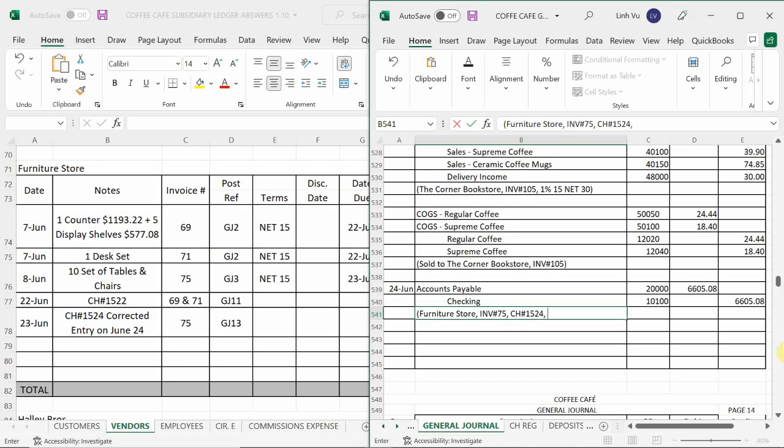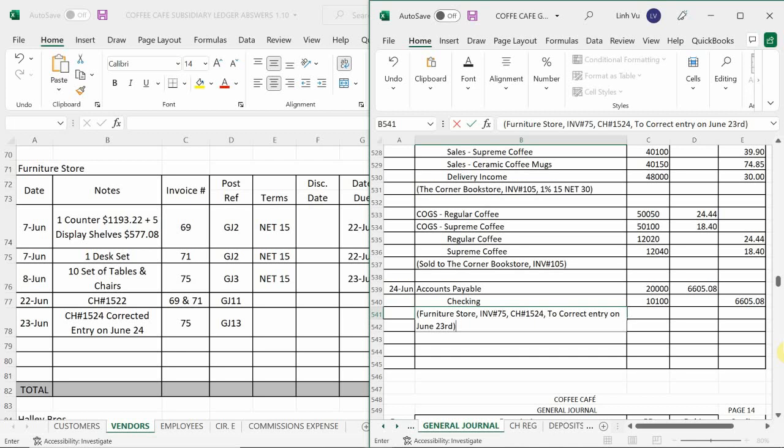And another note that I need to make here is correct entry on June 23rd. Okay. It's not really to correct entry, but you know what I mean, right?